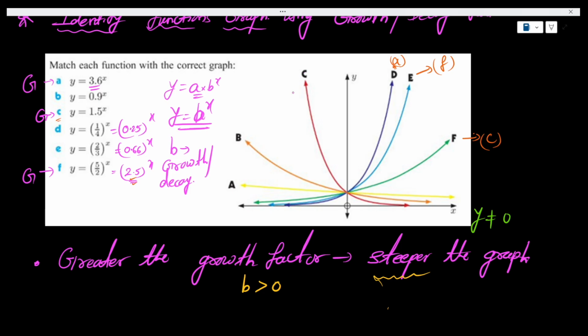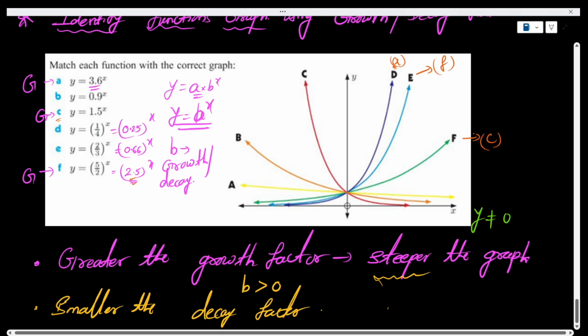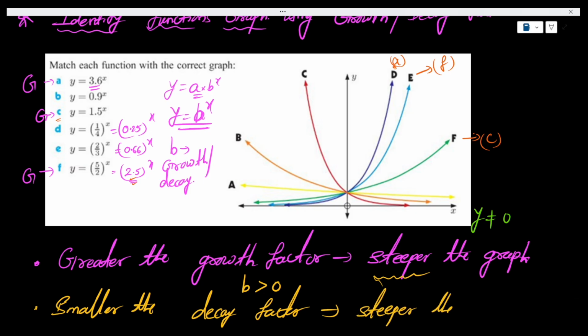If you see graphs C, B, A, whenever there is a decay factor, because it's a decay, the smaller the decay factor, the steeper the graph. This is just the opposite. Right, so among these, if you see 0.9, 0.25, 0.6, what is the smallest value here? 0.25, which is 1/4.